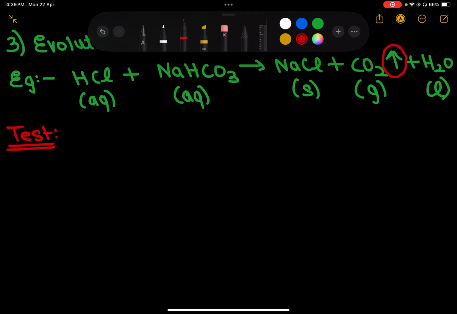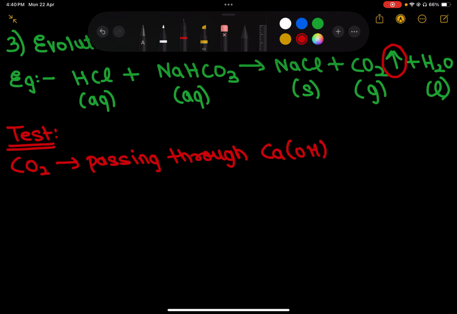For CO2, the test is passing it through lime water. Lime water is a solution of calcium hydroxide, Ca(OH)2.